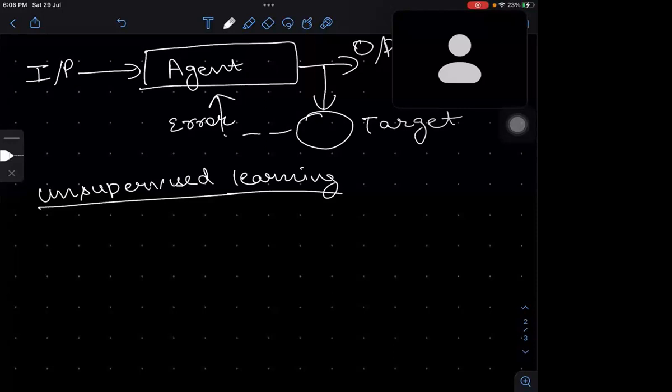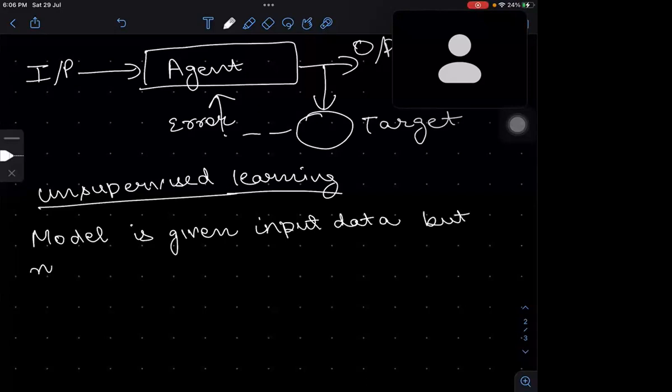Someone told about clustering also in the chat. So is clustering an unsupervised learning? Yes. So basically, the model is given the input data, not the target, or I can say the explicit output value.